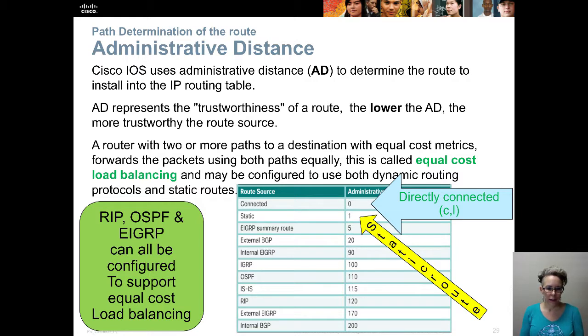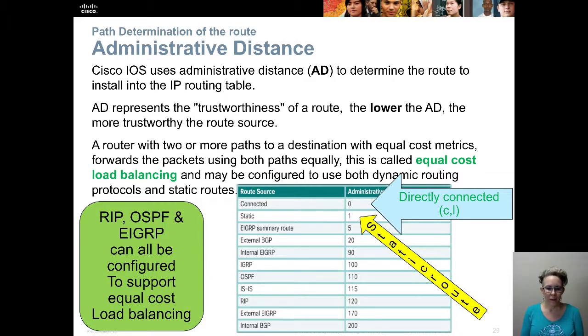So let's take a look here and you'll see connected. So that means a directly connected network has an administrative distance of 0. That's the best that you can possibly have. It's the lowest, okay? A static route, what that means is I have manually gone in and I've configured a route.